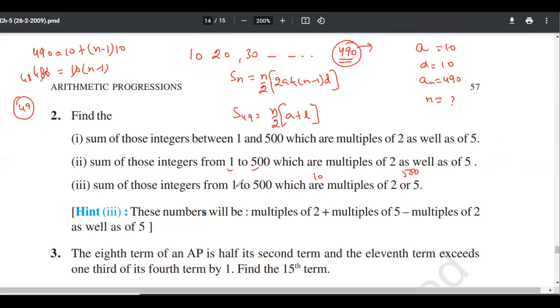अब ये वाला मुझे बताइए कैसे याद करेंगे, the sum of those integers from 1 to 500 which are multiple of 2 or 5, means either they are multiple of 2 or 5.